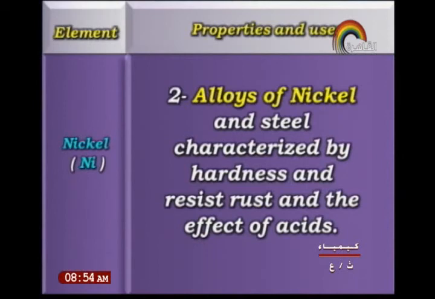So we talked about alloys of steel, steel with nickel, and a few minutes ago about steel and vanadium. Vanadium steel is used in car springs, and nickel steel is characterized by hardness, so it resists rust and the effect of acids.